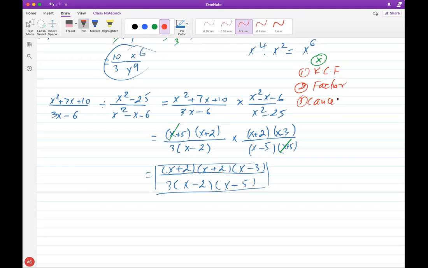Once you do that, you cancel all the common factors. Again, make sure it's one from the top, anywhere here, against an exact match from the bottom. That's the reason we didn't cancel this against this or this against this. Instead, x plus 5 canceled against x plus 5, not against the x minus 5.